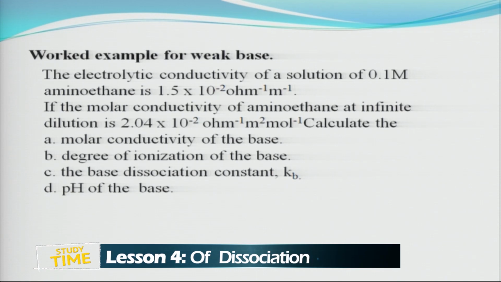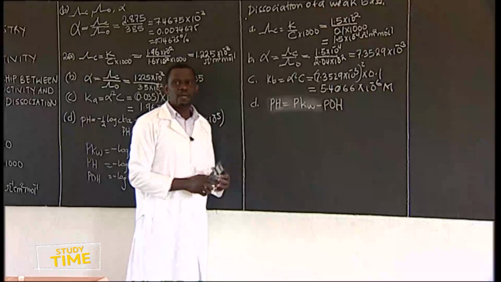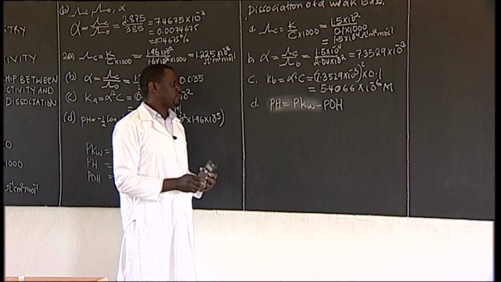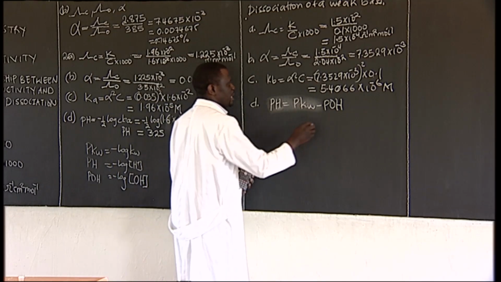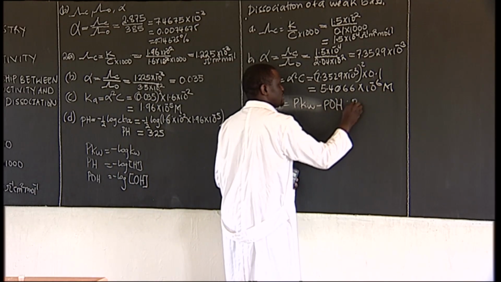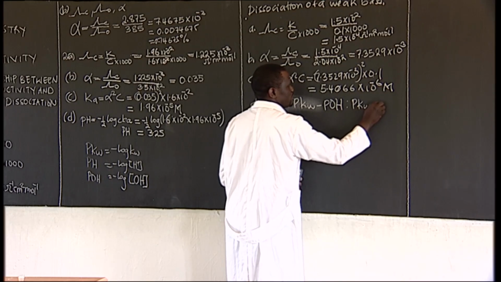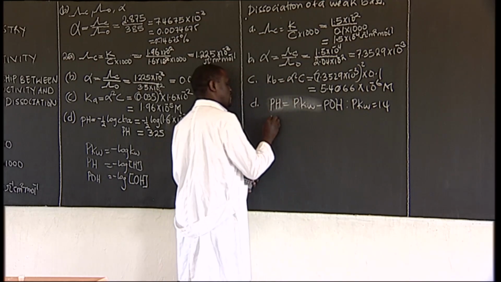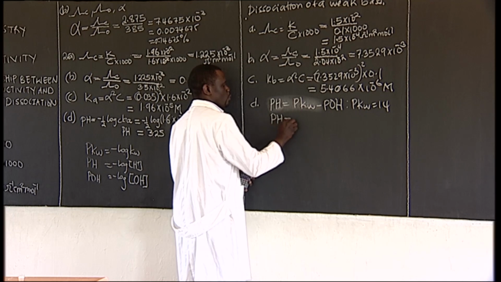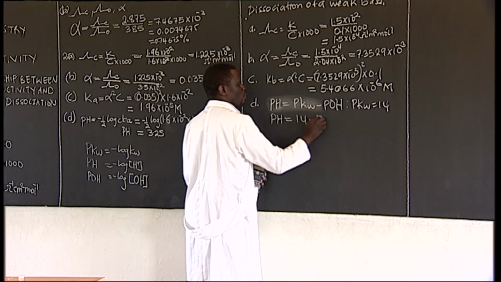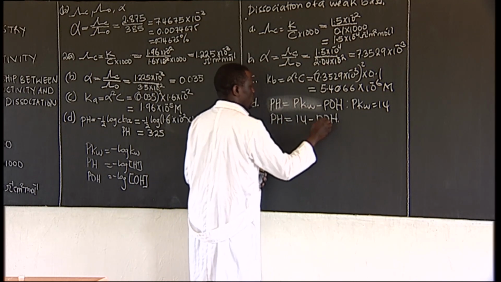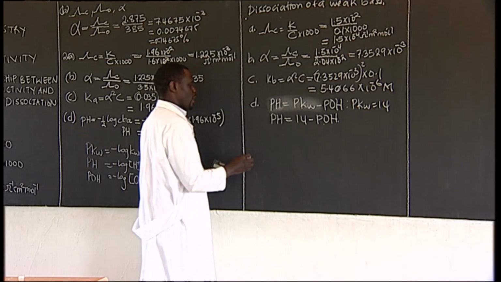So we are saying that our pH is equal to pKw minus pOH. This pKw is always a constant and always equal to 14. So pH is equal to 14 minus pOH. So we are going to find the pOH. How do we find pOH?